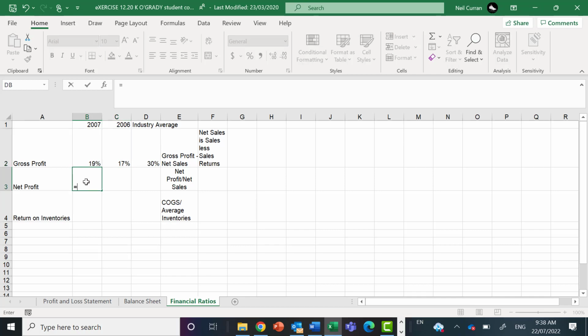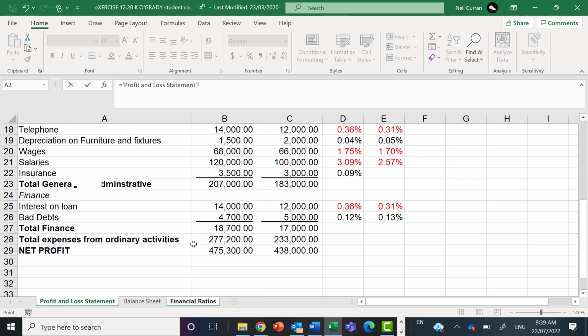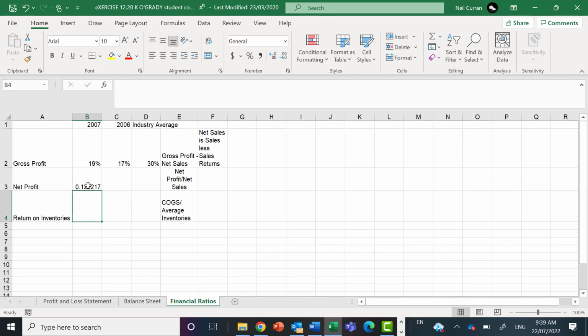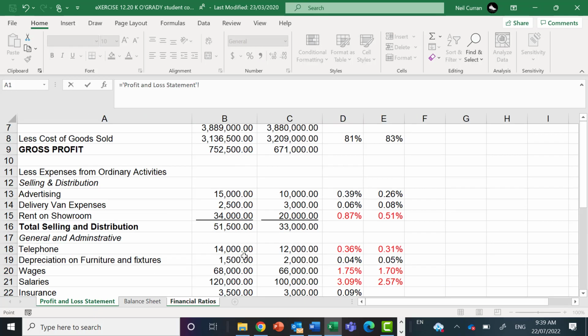To do our net profit, go down to your statement of financial position, net profit divided by, again, our net sales, and again put that as a percentage, and transfer that across for 2006 as well.